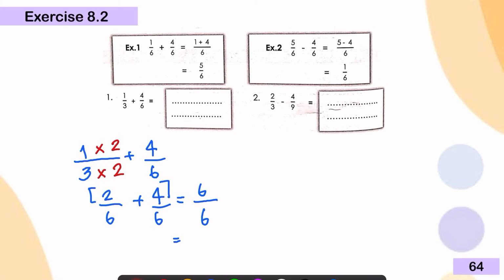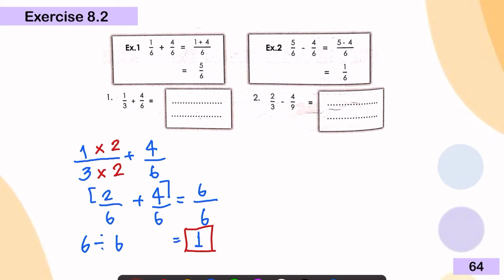So, if you have an improper fraction, you cannot just leave it like that. You need to work it out. So, can you tell me, how much is 6 divided by 6? 1, right? 6 divided by 6 is 1. So this is what I want. 1 is the correct answer.